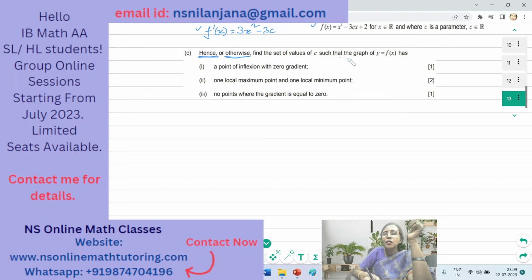Find the set of values of C such that the graph of y equals f of x has. It is containing 3 more subparts. The first subpart I is a point of inflection with 0 gradient and it contains just a single mark. Point of inflection means at that point the second derivative should be equal to 0.